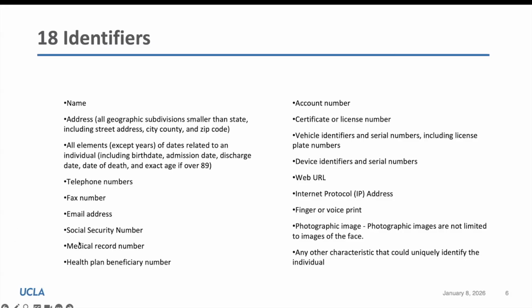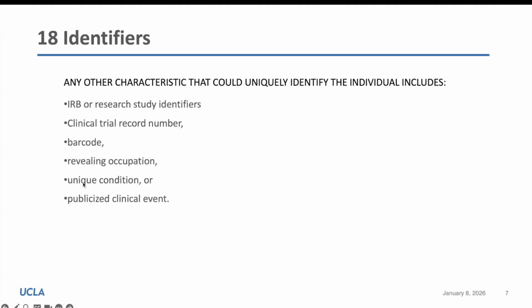The last category on this slide indicates that there's any other characteristic that could uniquely identify an individual. And I got some information from the UCLA Health privacy group, and they indicated that they consider these other characteristics that could uniquely identify an individual to include an IRB or research study identifier, clinical trial record number, a barcode, revealing occupation, unique condition, or a publicized clinical event.